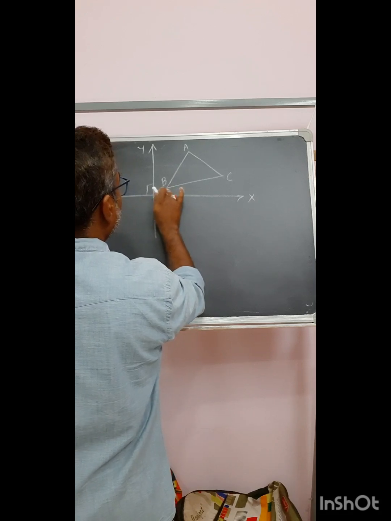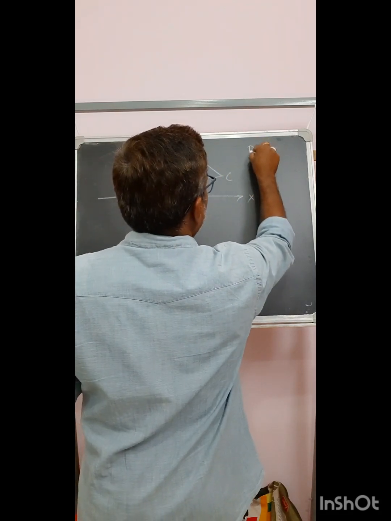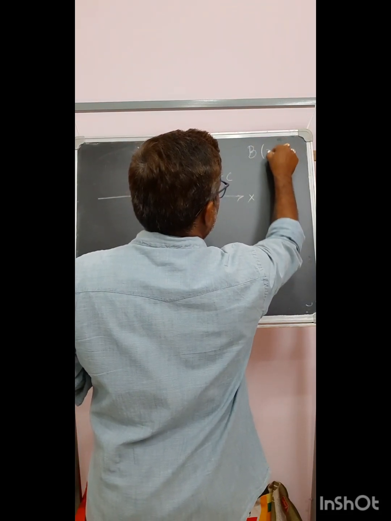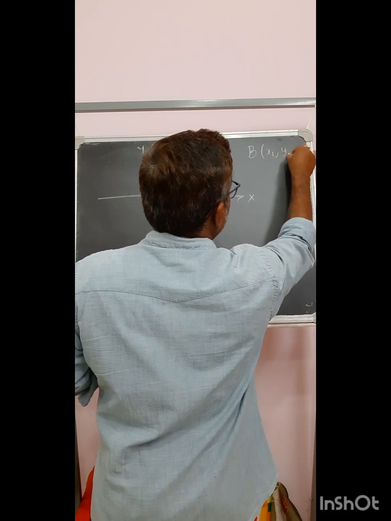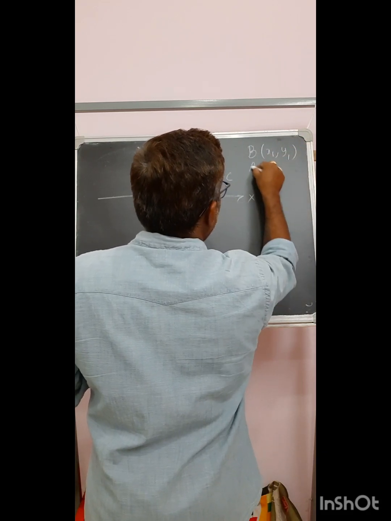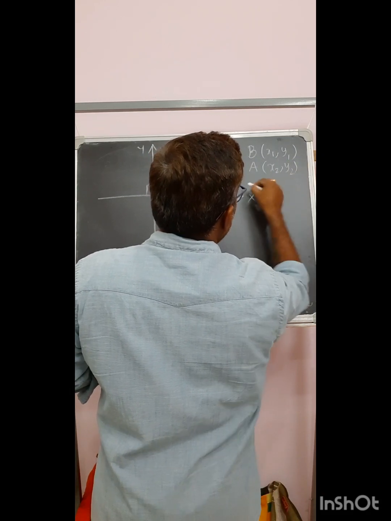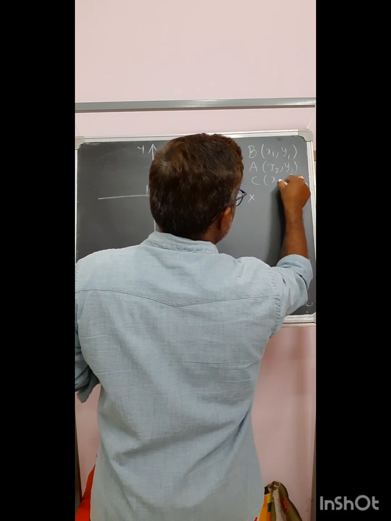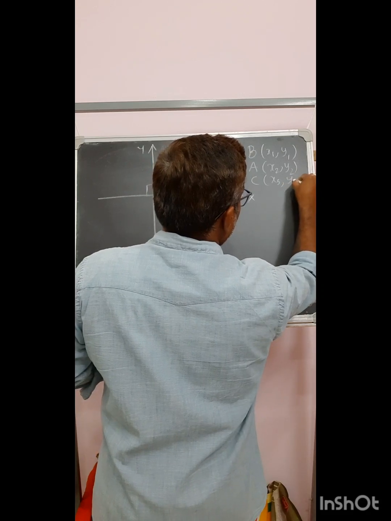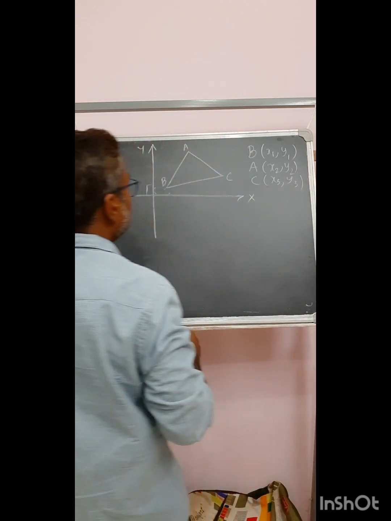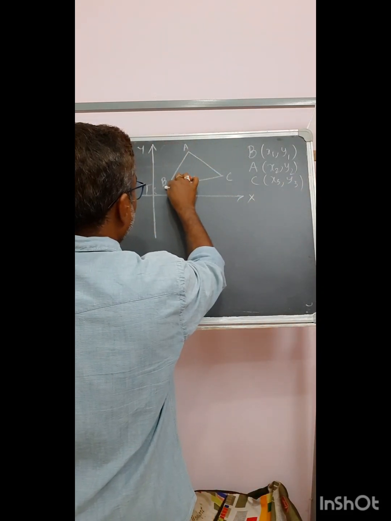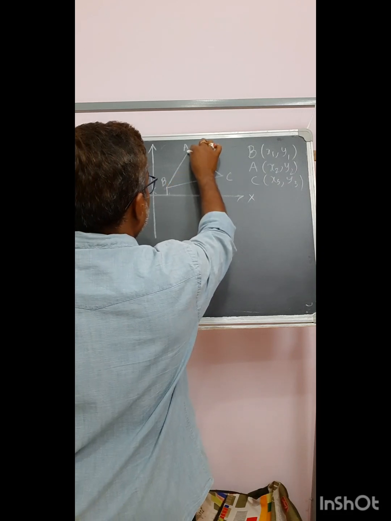So I am naming these coordinates. B is x1, y1, A is x2, y2, and C is x3, y3. Okay, these are the coordinates. Now I am dropping perpendiculars from those vertices on the x-axis.